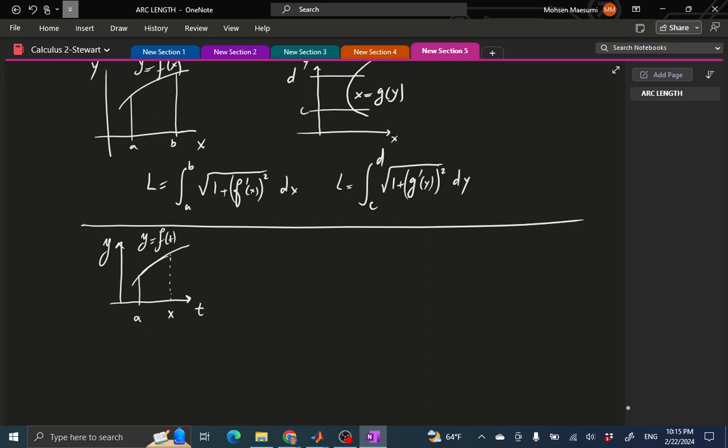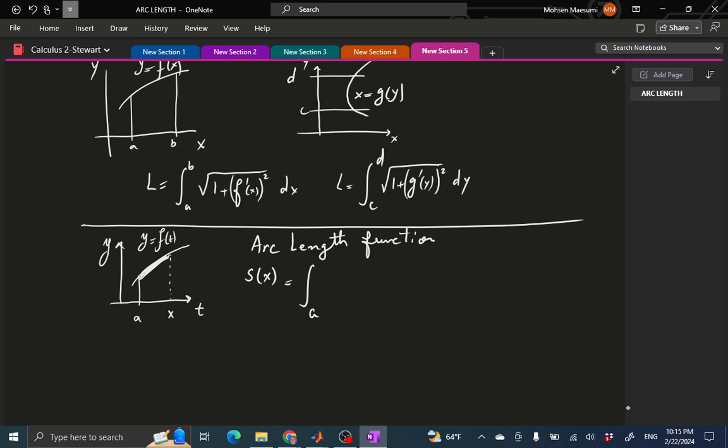The length that you find now is going to depend on x. As x becomes bigger, your length becomes bigger, and so on. So in this case, we say we have an arc length function. Arc length function simply means the stopping point of the arc is moving.